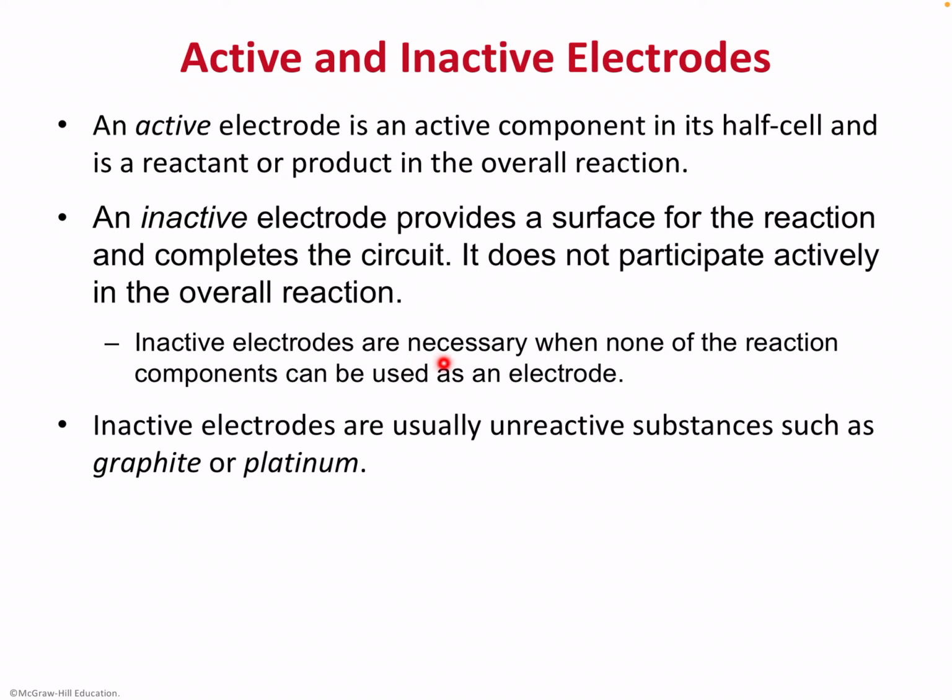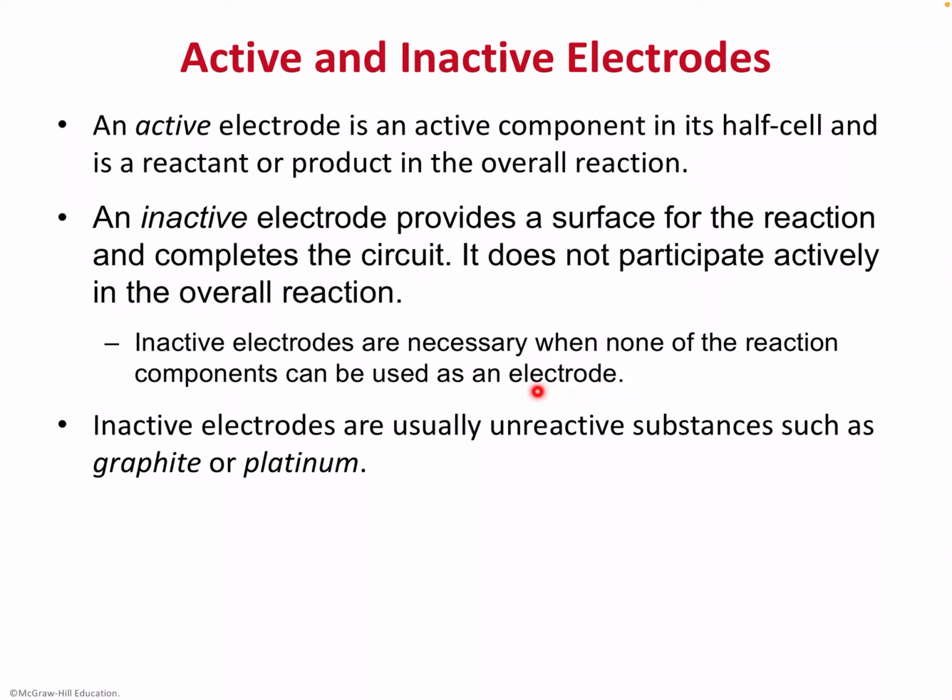Inactive electrodes are necessary when none of the components can be used as an electrode. Now, if it is a metal that is involved in the oxidation reduction reaction, we can use it as an electrode. But sometimes, for example, if you are using a gas like hydrogen, we cannot have a hydrogen piece or a hydrogen solid, right?